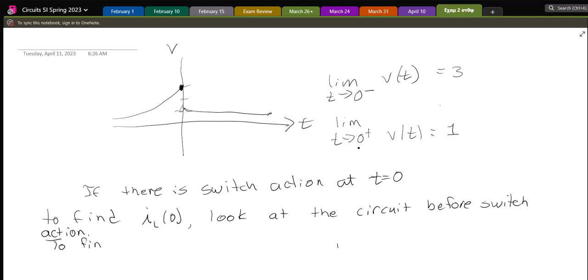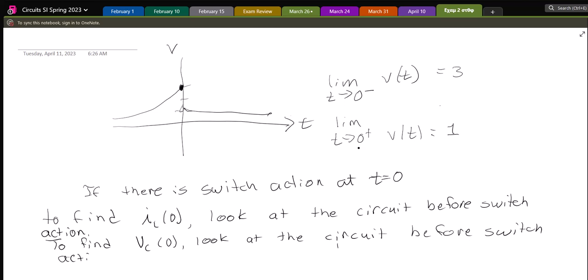To find vC of 0, look at the circuit again before switch action. Okay, so that's your key takeaway.